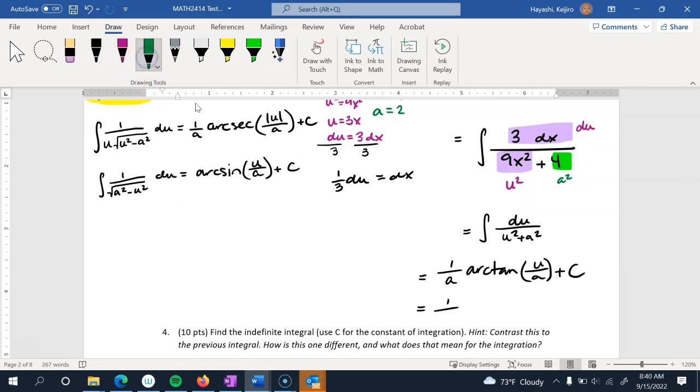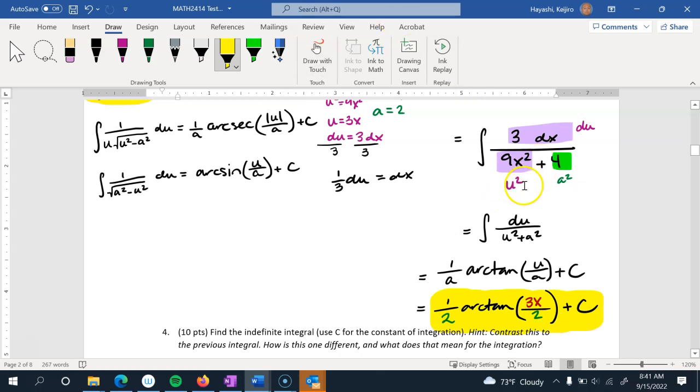And so a is 2. So 1 over 2 times the arctan of u, which is 3x, over a, which is, again, 2, plus c, and that is the indefinite integral.